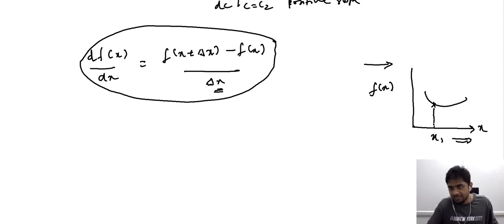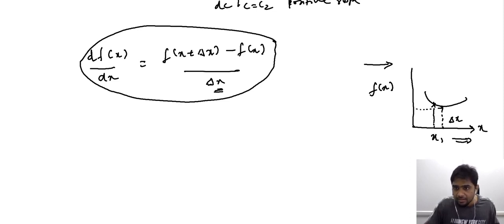We have considered the subsequent point, the change in the positive direction, along the right hand side direction. That yielded us a point here which is separated by delta x.